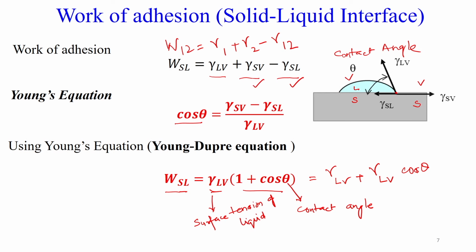So, experimentally we need to measure the surface tension of the particular liquid we are using for the contact angle measurement, and of course that contact angle. From these two data we will be able to calculate the interfacial tension as well as the surface tension of that particular solid.